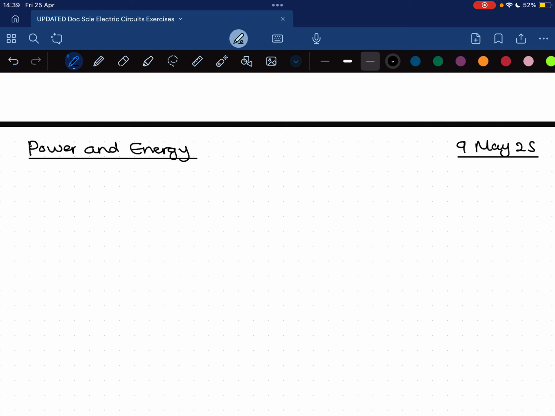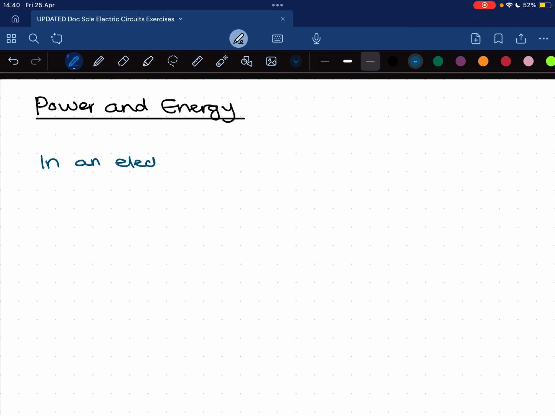Okay, so remember we said that when you have an electrical circuit, there is a movement of electrons. So when these electrons move through a resistor, it is going to need electrical energy.